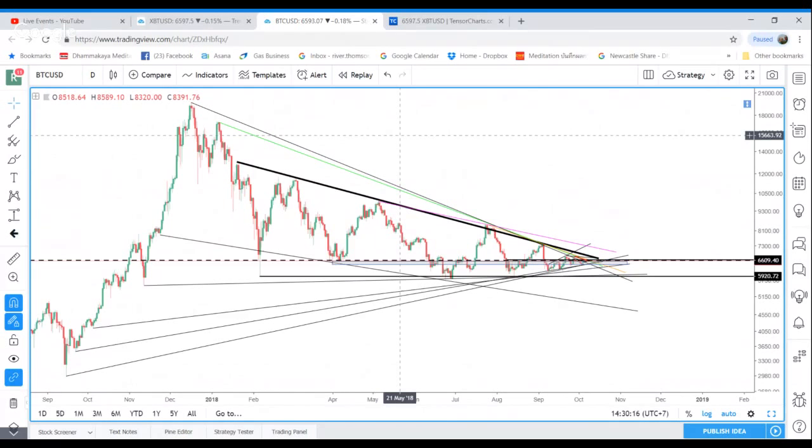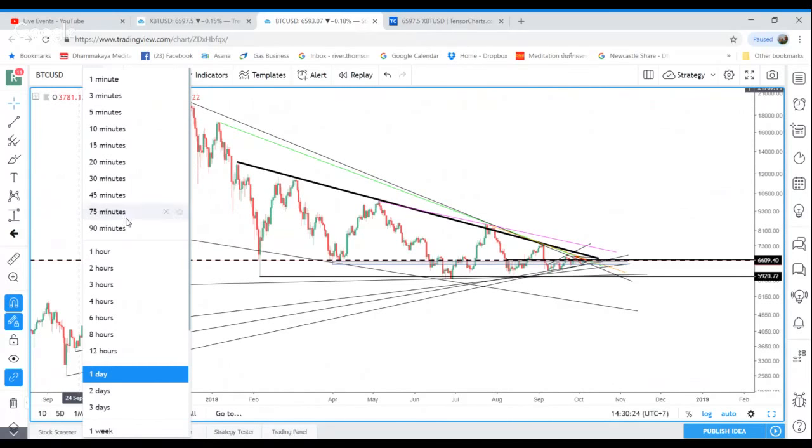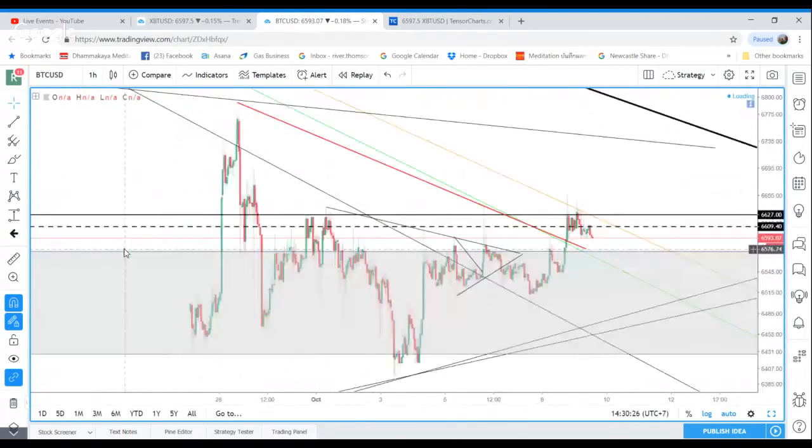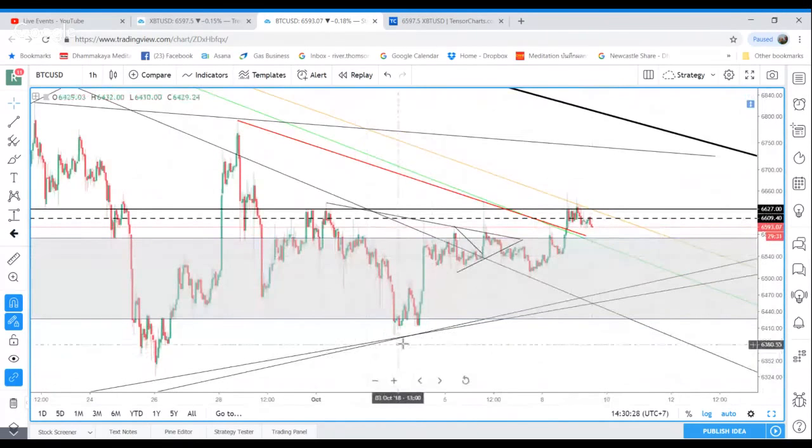Okay, so these diagonals, let's zoom in on them a little bit. Here we go. You can see we've got them around this area now of about 6,480, 6,500 area.